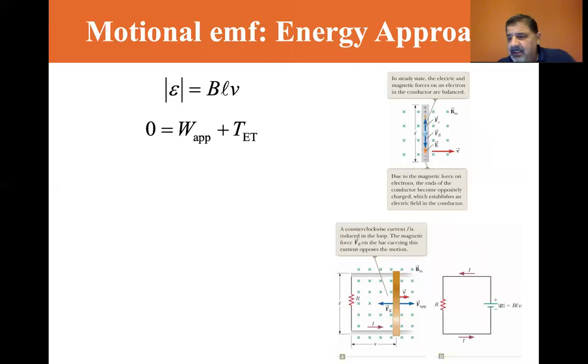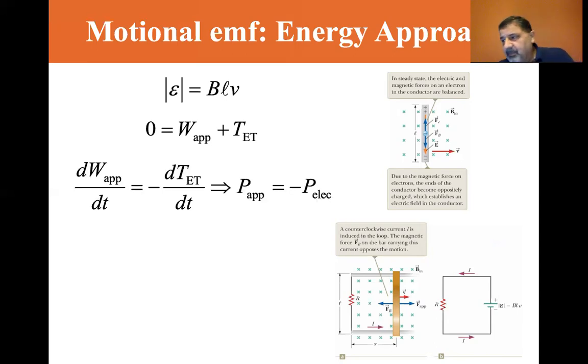We're applying the work, the sum of the work applied, that's applying the force, and the transfer by electrical transmission, that's the ET, they have to be equal to 0. So we had that long equation in previous chapters. So here we have work applied, and we have just the transfer from electrical transmission.